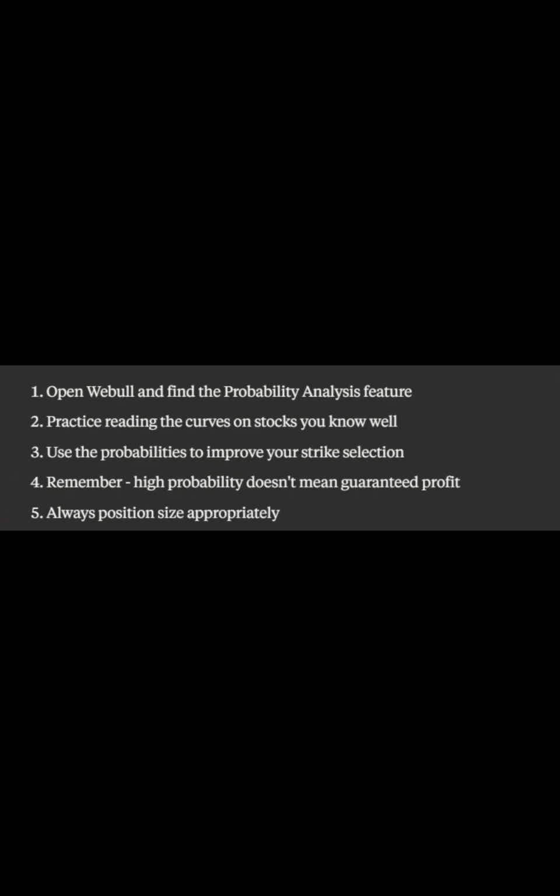Then use the probability analysis to improve your strike selection, strike price and expiration. Those two go hand in hand. And remember, high probability doesn't mean that we have a guaranteed profit. A professional always hedges, so let's get into the habit of hedging. And the last thing is to always position yourself appropriately, meaning your size based on the risk factor that you are willing to accept.